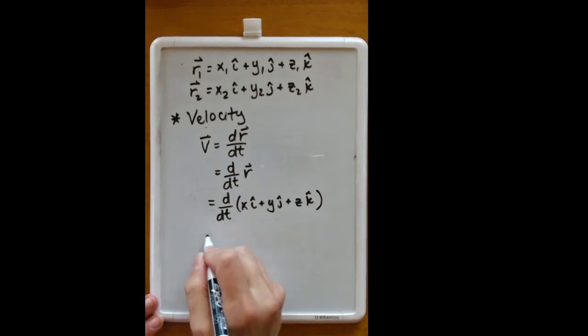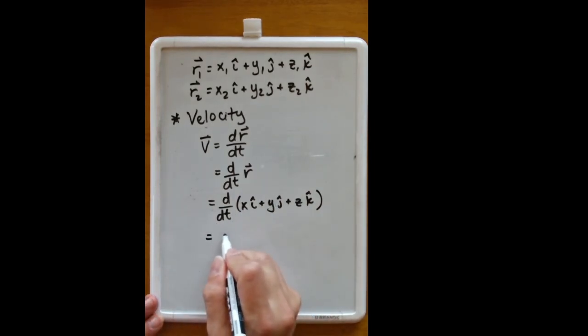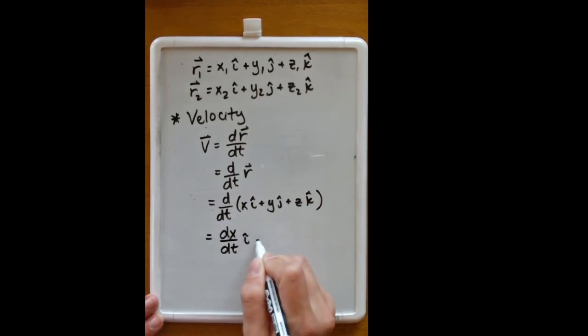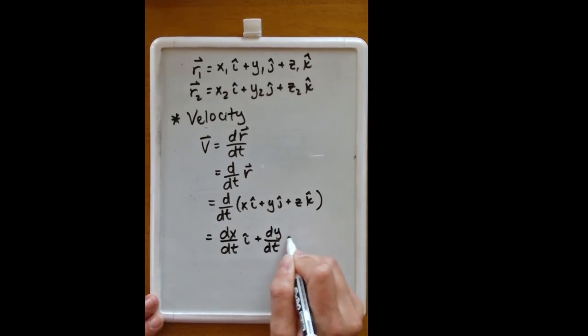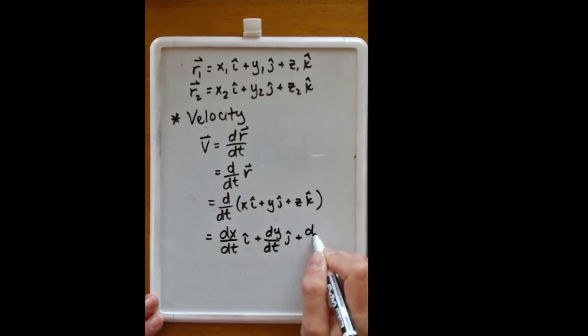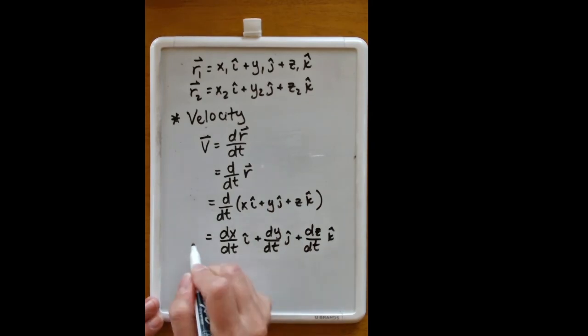And again, we can just distribute that derivative through. So we have dx dt in the i hat plus dy dt in the j hat plus dz dt in the k hat direction. So that would be our velocity written in vector notation.